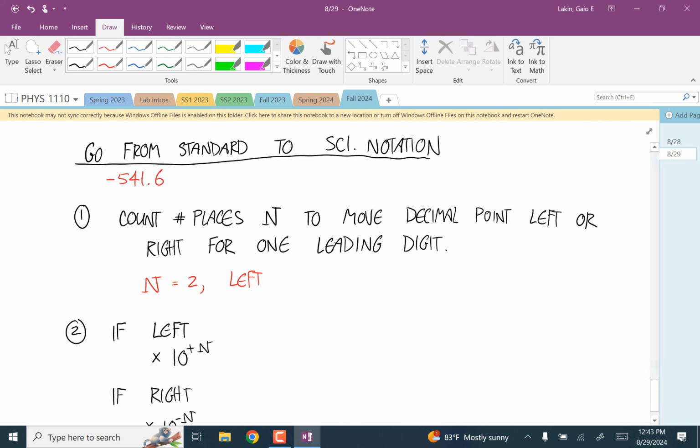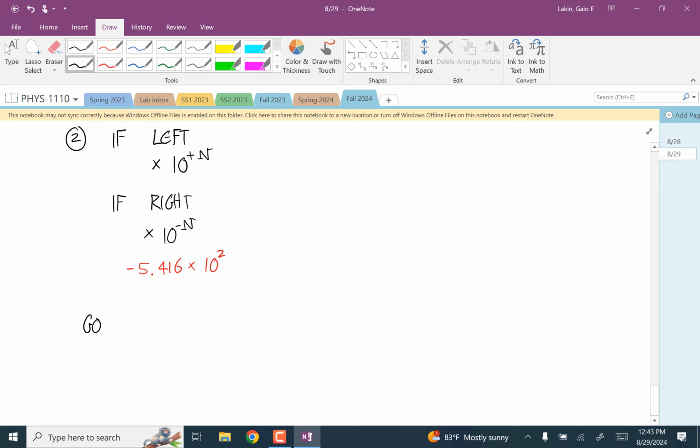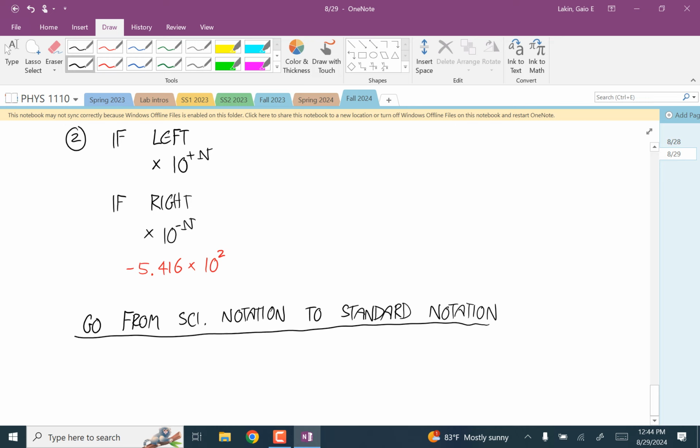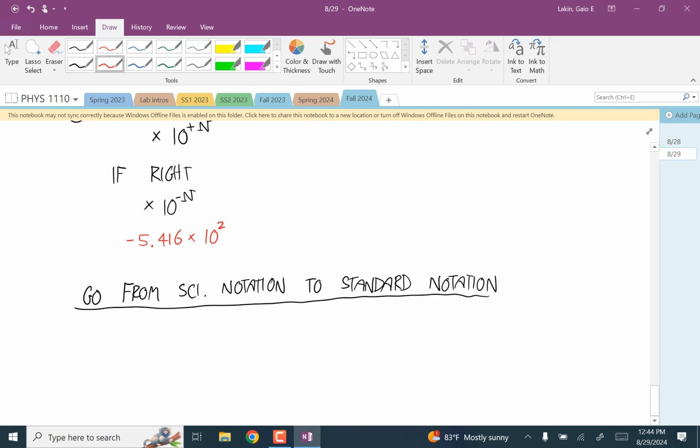Okay, the other thing we have to be able to do is to go from scientific notation to standard notation. I'll use a different example for this one. Let's say the example number I'm going to use is 6.52 times 10 to the minus 4th.